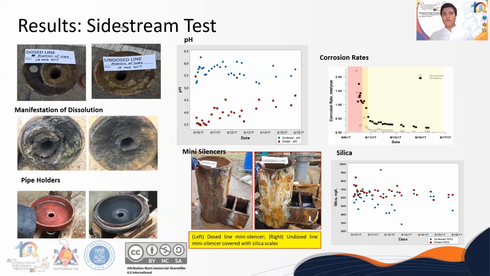This is true for the side stream test. As expected, the corrosion rate is higher during the shock dosing phase, but considering the amount of time and the projected corrosion rate or metal loss, it is negligible. It can also be observed that the monomeric silica levels were maintained for the dosed line, which validates the prevention of new scales.